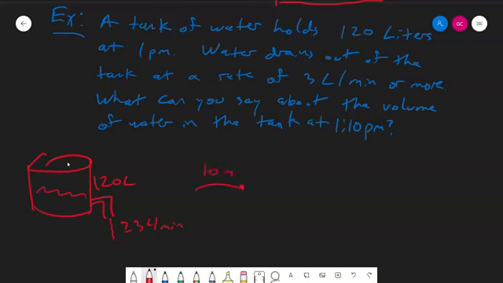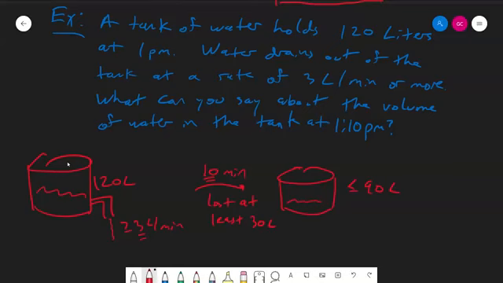And so after 10 minutes, we don't know exactly how much water is left, but I know that I've drained out at least 30 liters, right? That's 3 liters per minute times 10 minutes. And so I know that I have at most 90 liters left.